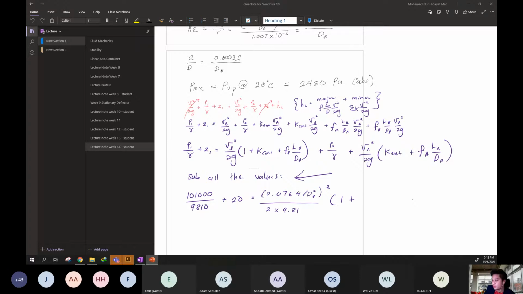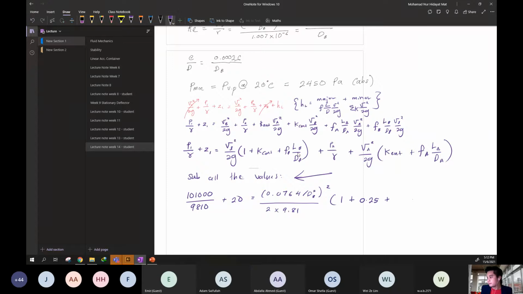So from here, K contraction. 1 plus K contraction, in this case, it is 0.25. This you can refer directly from the table.